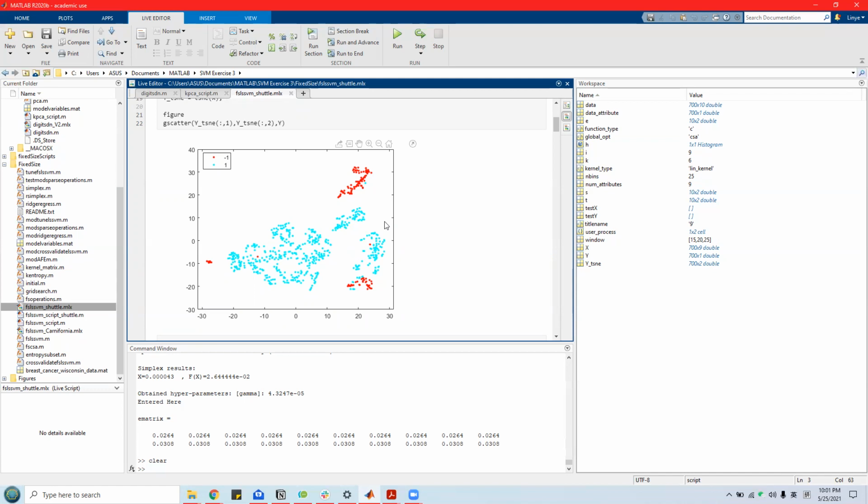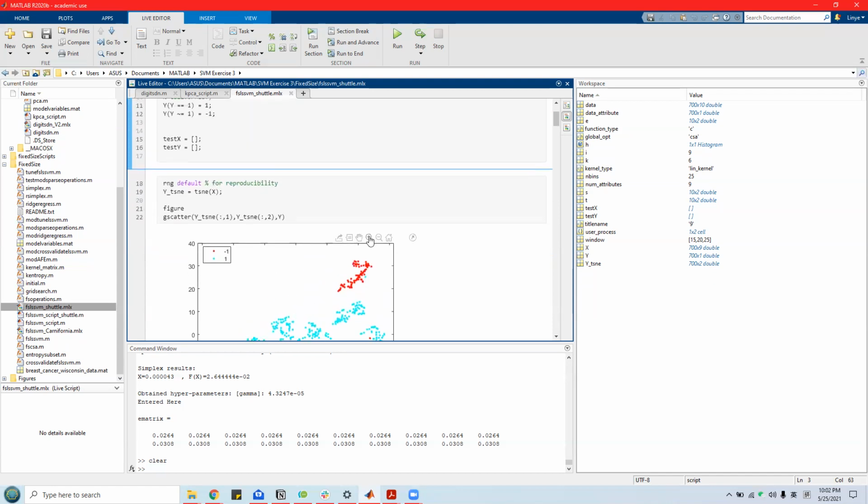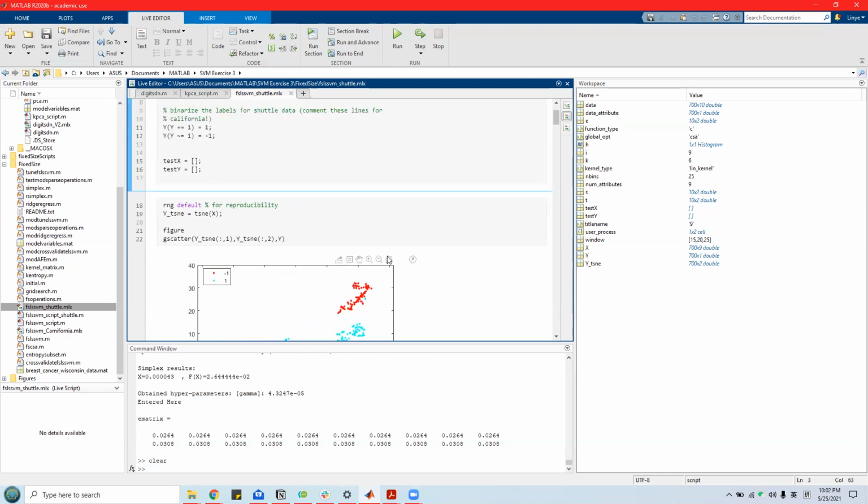If you can see my result here, the red one is -1, so the 20%, and the blue one is the major one, with 80%. I didn't count how many they have, but I think it's quite approximate. It's not that unbalanced, kind of true to its nature, I would say.